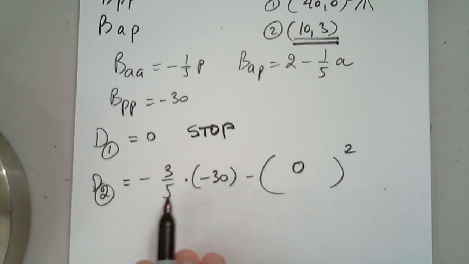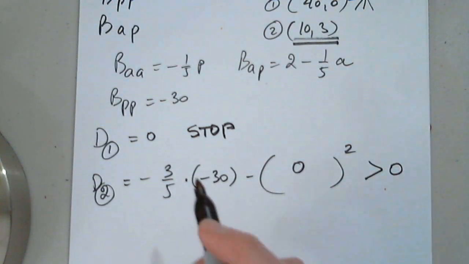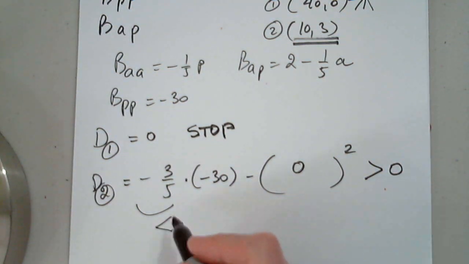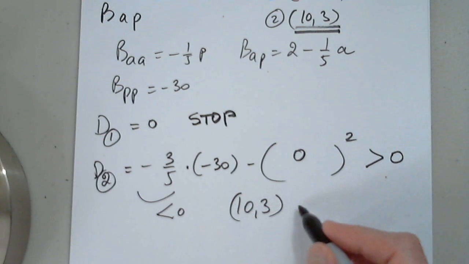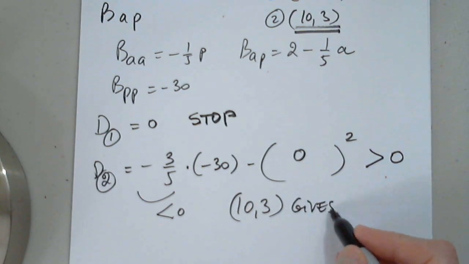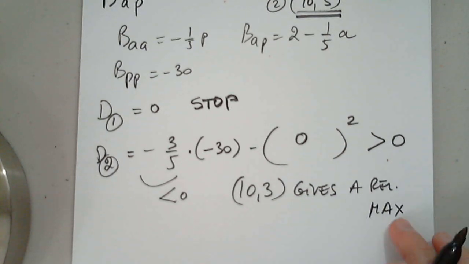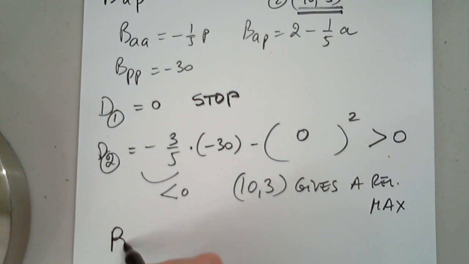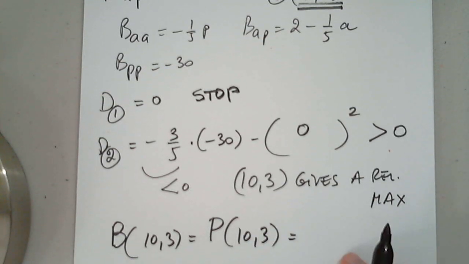Now, this product will be positive because a negative times a negative. And this is negative. So what can we conclude about 10, 3? Gives a relative what? Maximum. Maximum. Awesome. What is the relative max? Well, that is P of 10, 3.